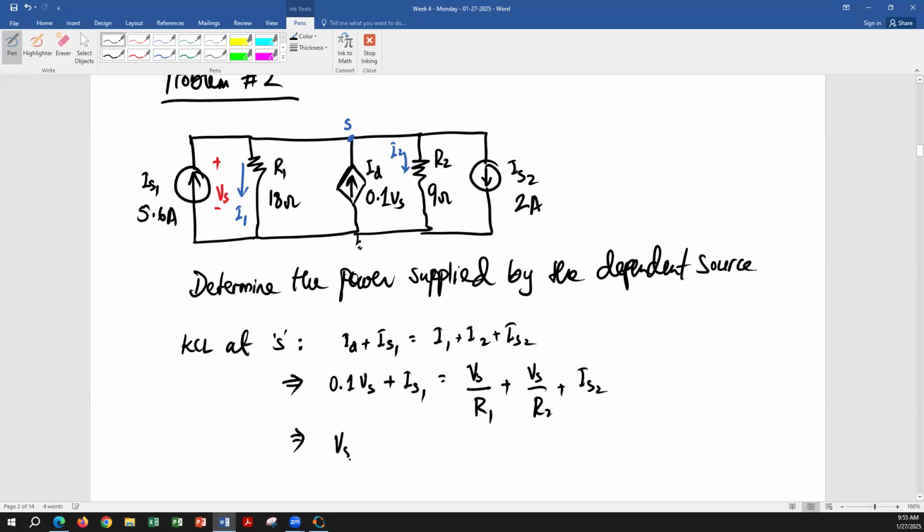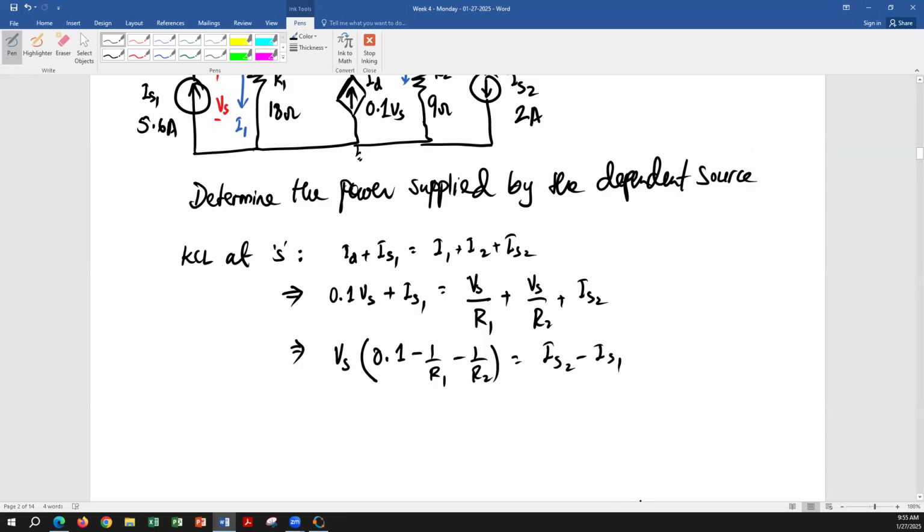So bring Vs on one side of the equation. 0.1 minus 1 over R1 minus 1 over R2 equals IS2 minus IS1. And from that, we can calculate Vs. Let's go ahead and do that. What do I have? IS1 is equal to 5.6.